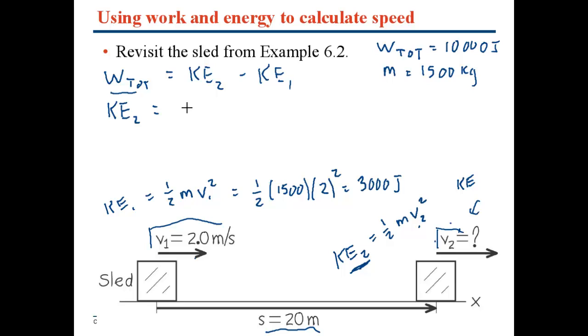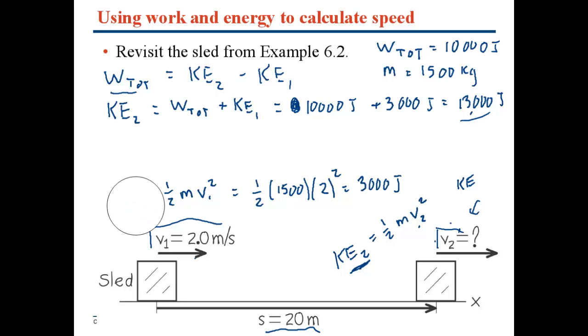That's going to be the total work plus the kinetic energy 1. So total work was 10,000 joules, and the kinetic energy 1 was 3,000 joules. So the kinetic energy 2 must be equal to 13,000 joules.